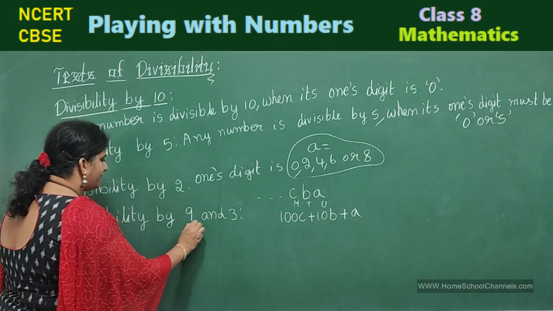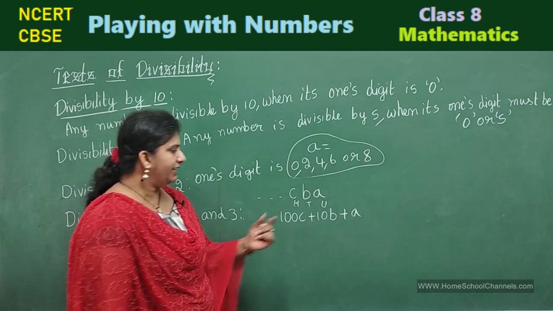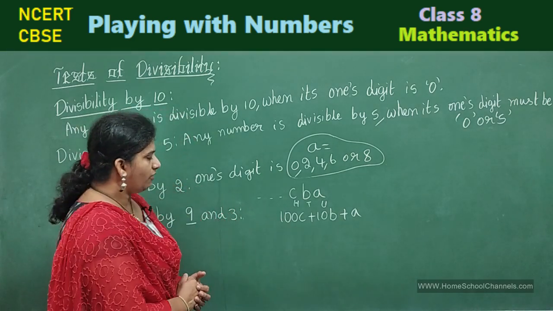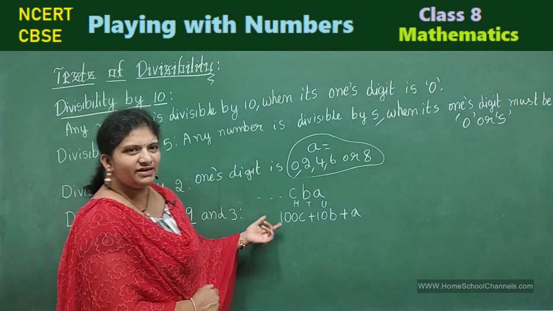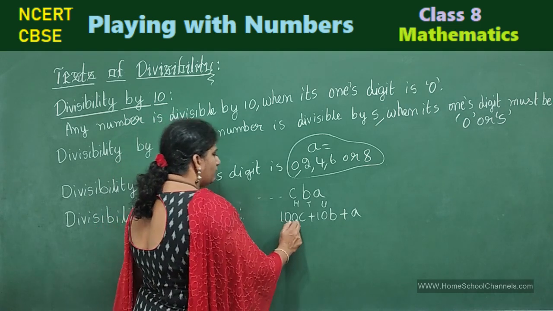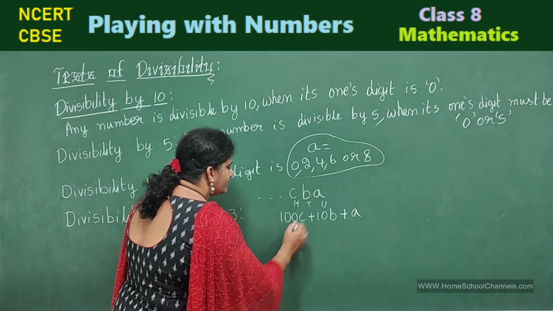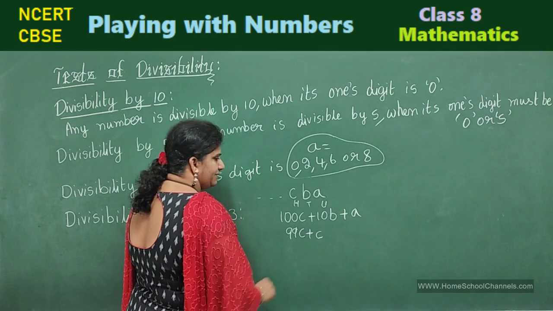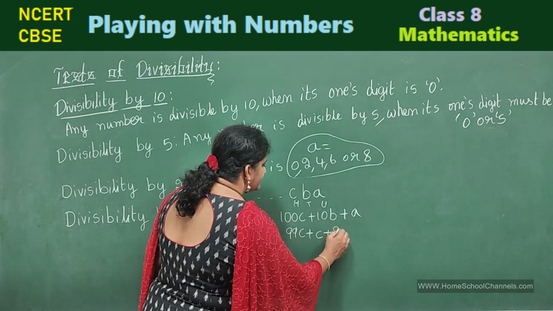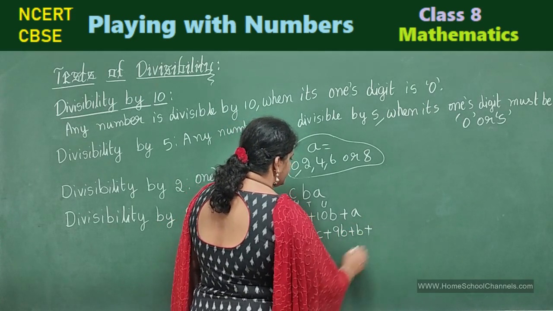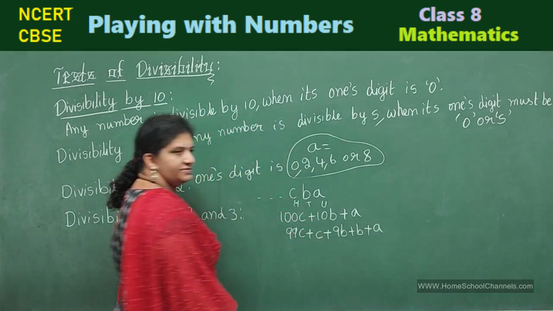Suppose I take the first number 9. Let us check whether this is divisible by 9 or not. So how can I see this one? 100 is not divisible by 9, right? So let us remove one C. 100C I write as 99C plus C. 10B, let us write it as 9B plus B, plus A as it is.